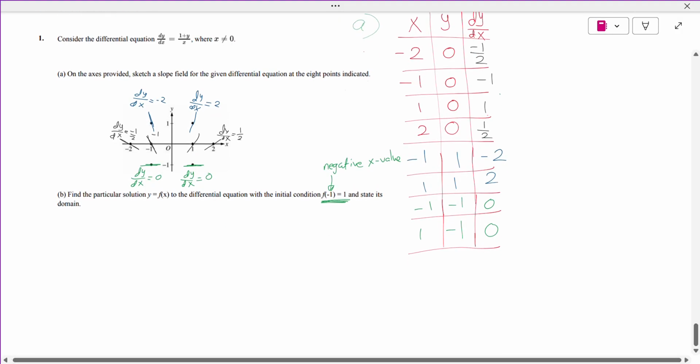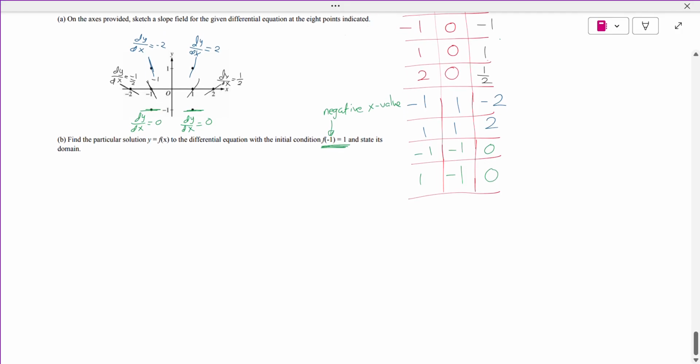So the differential equation that we have is dy over dx equals 1 plus y over x. To find the particular solution, you need to use separation of variables by putting all the x's and dx's on one side, all the y's and dy's on the other side.